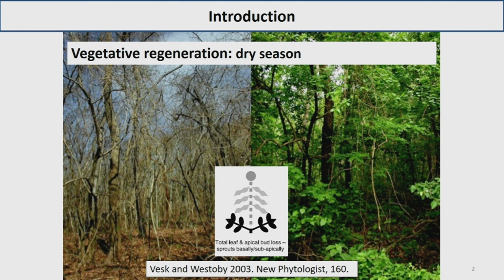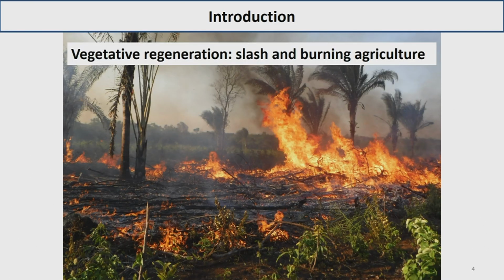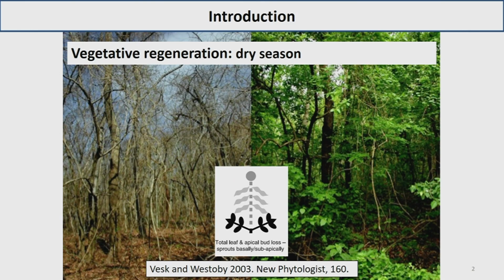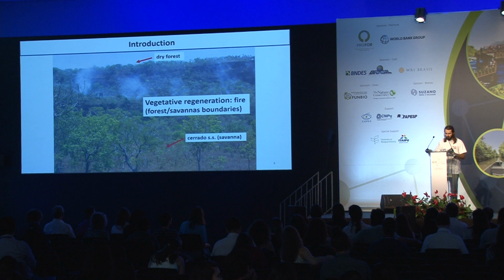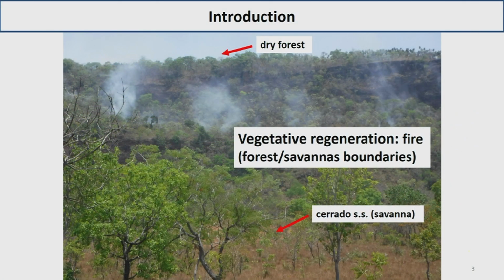Vegetative regeneration in dry forest is an attribute selected by the dry season, which might cause the loss of plant aerial parts, and they will sprout after the dry season. And also by the occasional fires coming from neighboring pyrophytic systems, such as tropical savannas.